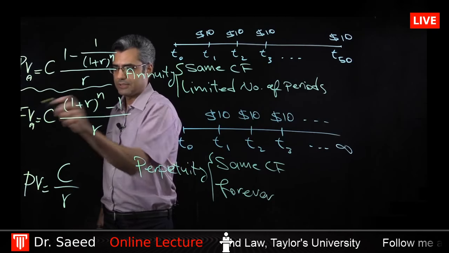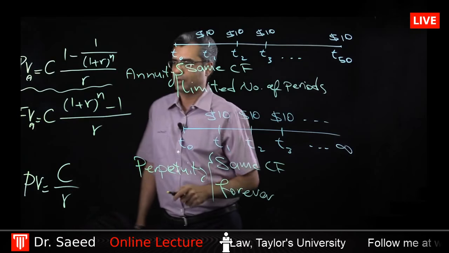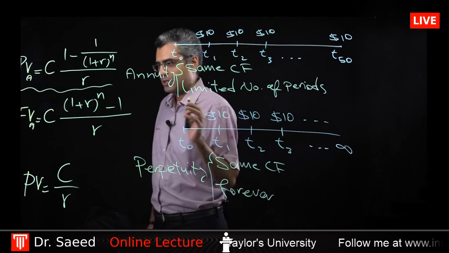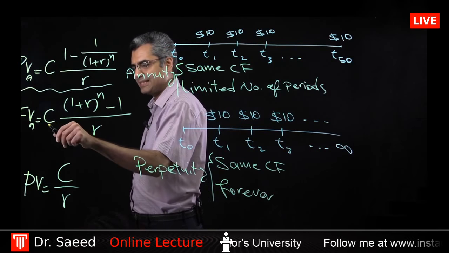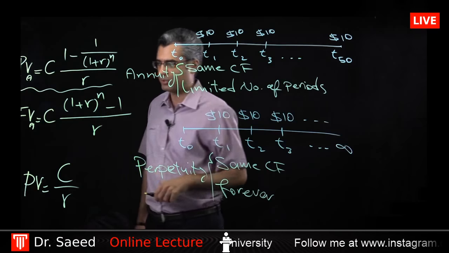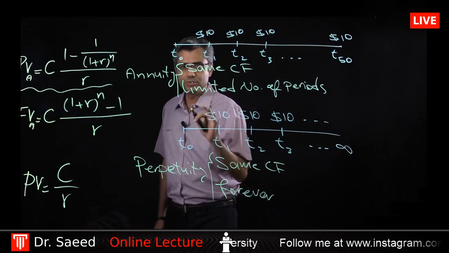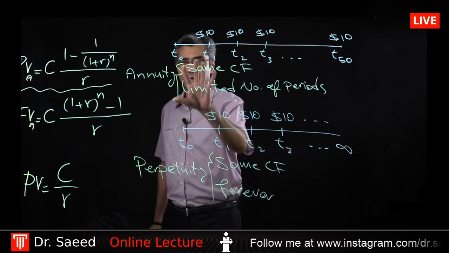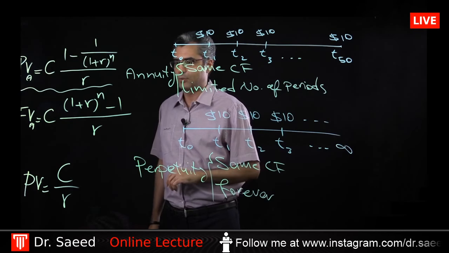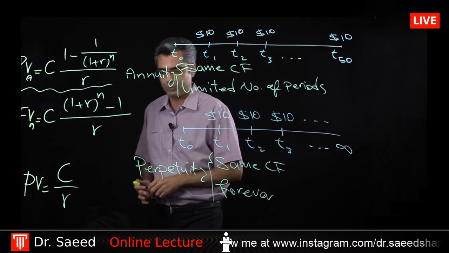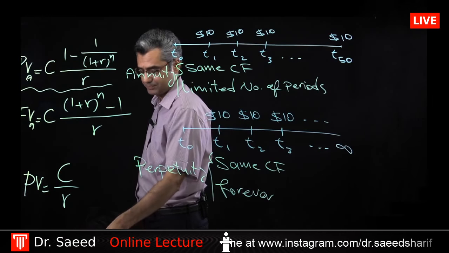This is the formula you can use for the same cash flows that happen for a limited number of periods. C is the cash flow, r is the interest rate per period, and n is the number of periods. We may use these formulas a lot, especially this one when we want to compute the bond price, and both can be used when you want to compute the stock price later.